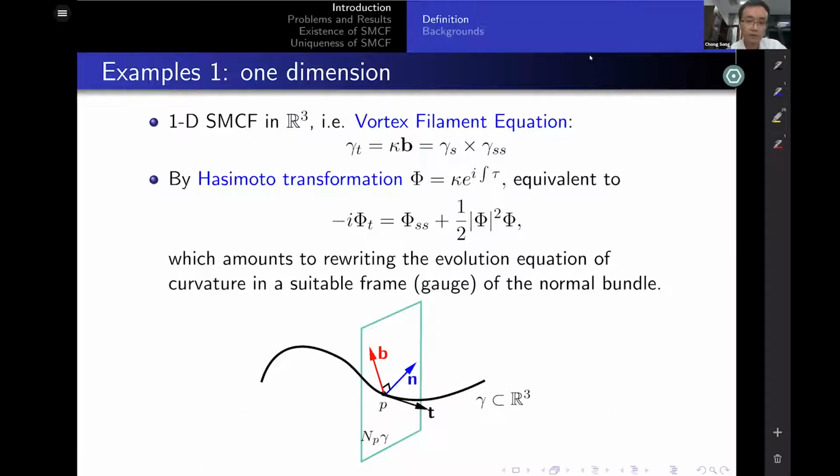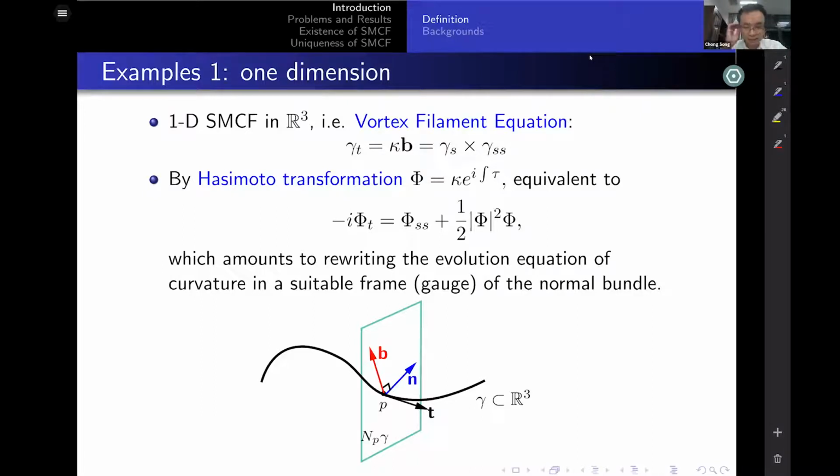There's a beautiful transformation called the Hashimoto transformation, which transforms the vortex filament equation into the cubic Schrodinger equation. From a geometric point of view, this Hashimoto transformation amounts to rewriting the evolution equation of the curvature vector in a suitable frame of the normal bundle.